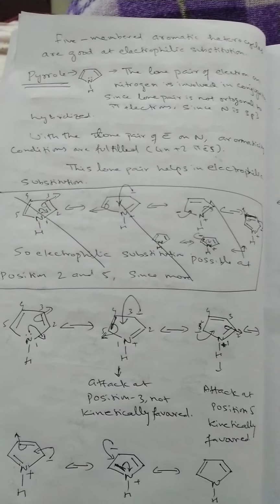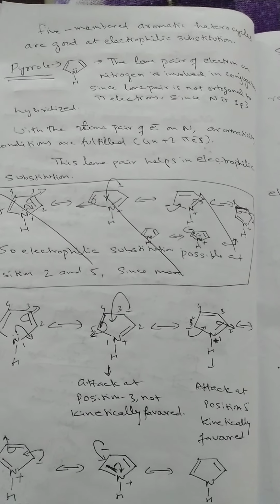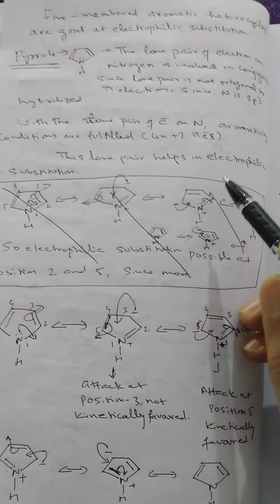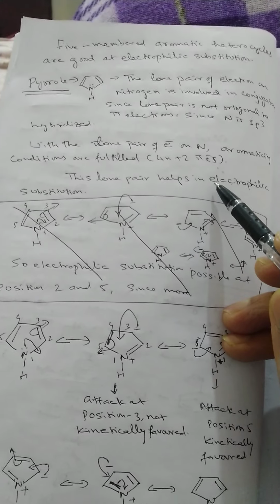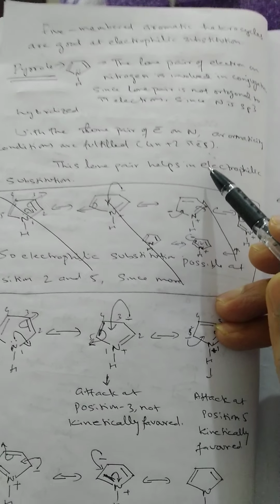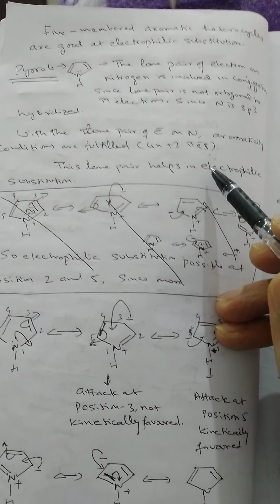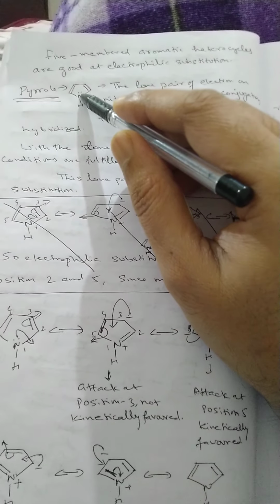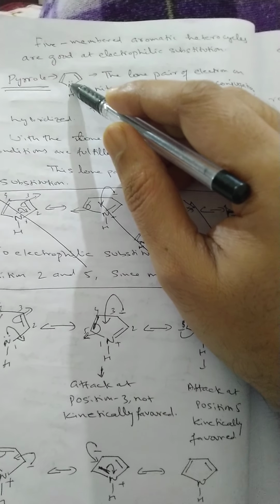So if it is aromatic, you know, benzene undergoes electrophilic substitution. Pyridine does not undergo it, but this one undergoes electrophilic substitution, unlike pyridine. Pyridine, what we saw, does not undergo electrophilic substitution. Why? What we said is, because pyridine has nitrogen, which is quite electronegative.